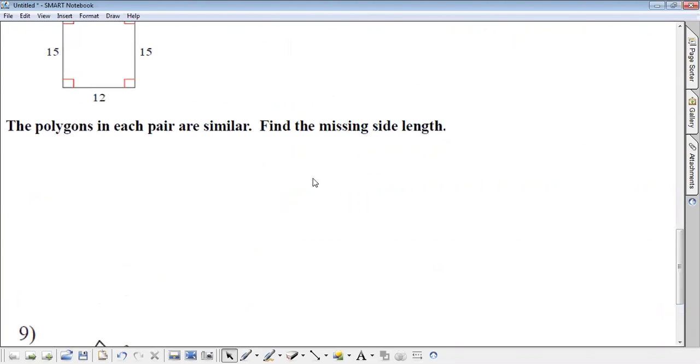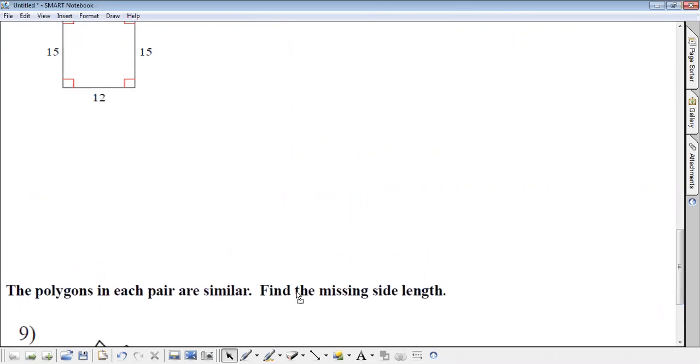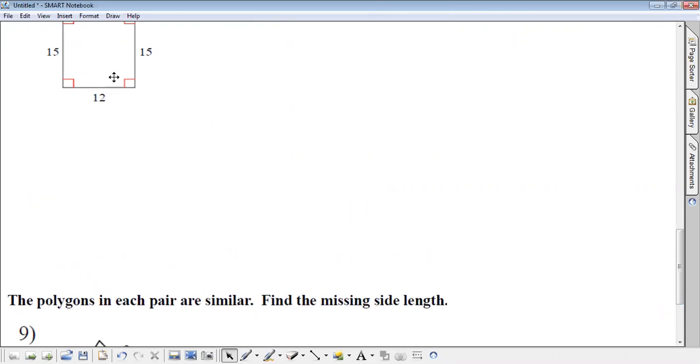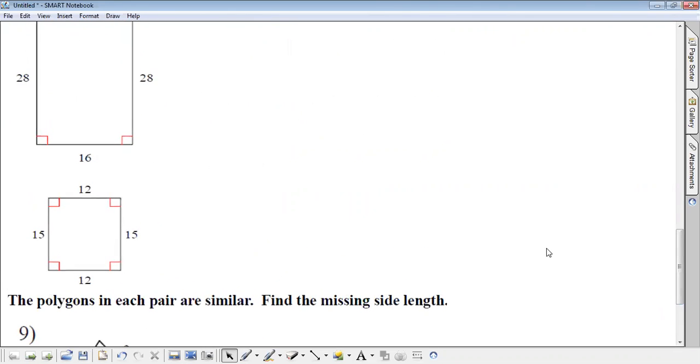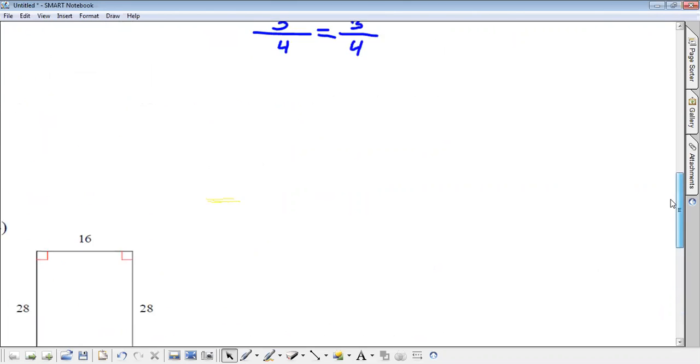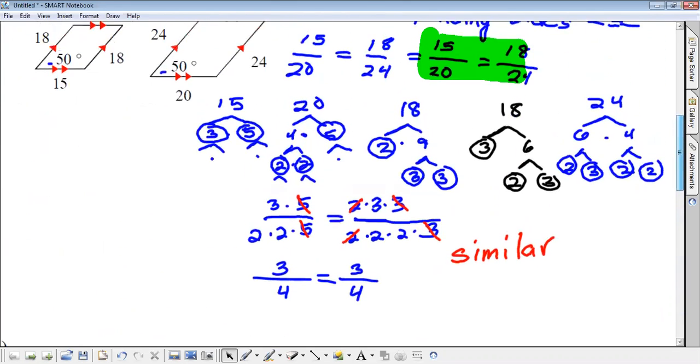I don't know if you remember this from math 1, there was something called cross multiplying. So here's how you do it. You have 15 over 20, equal to 18 over 24.